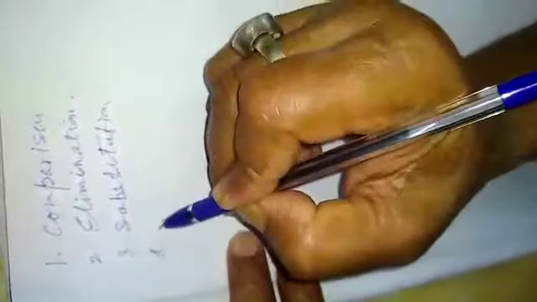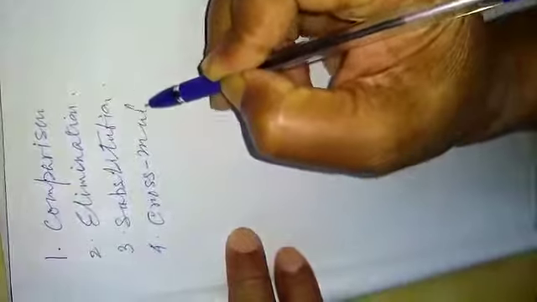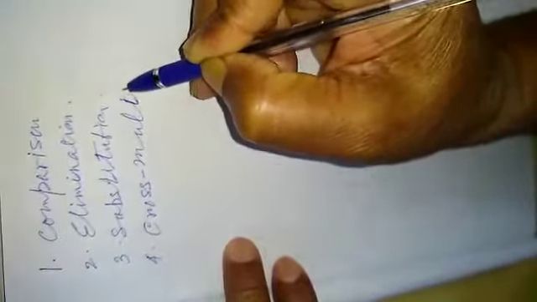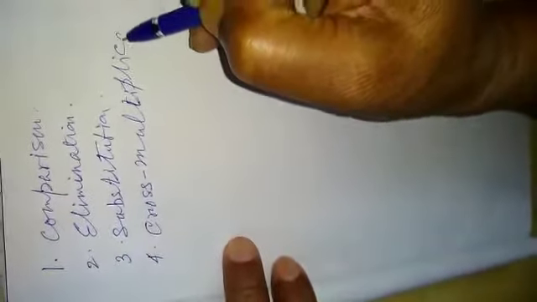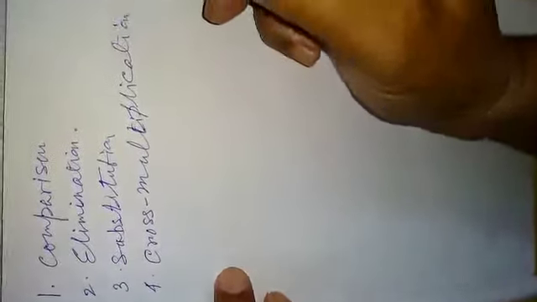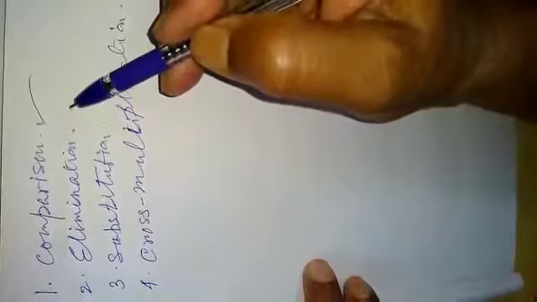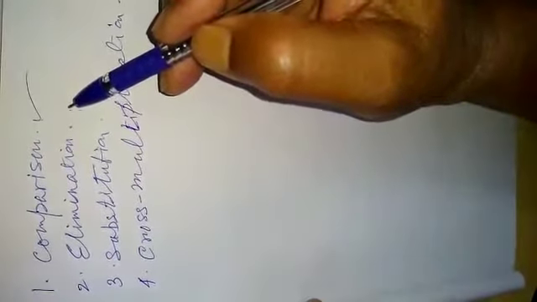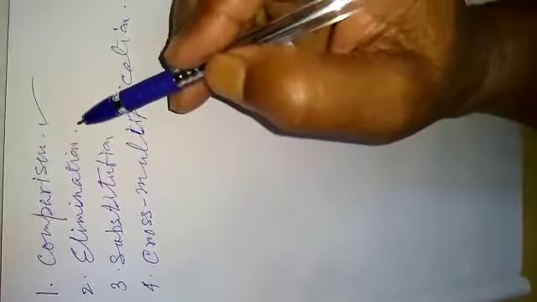And number four is cross multiplication. Now we are going to discuss and do some sums over comparison and also elimination process.